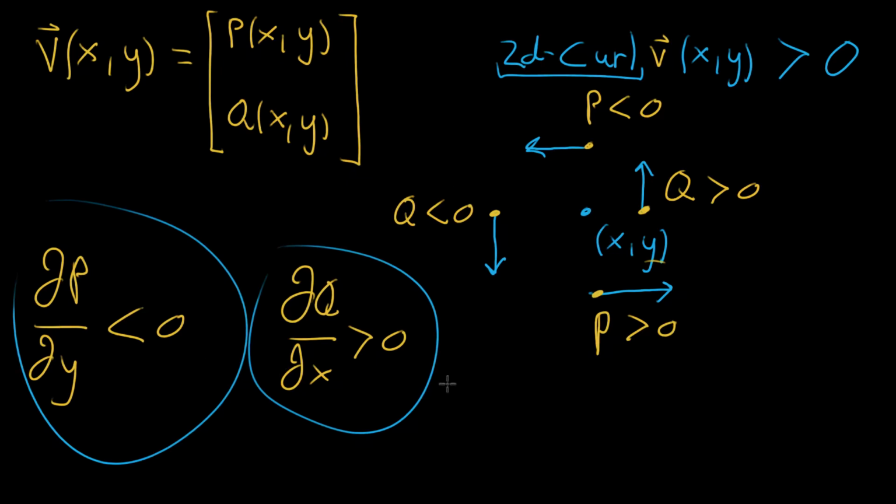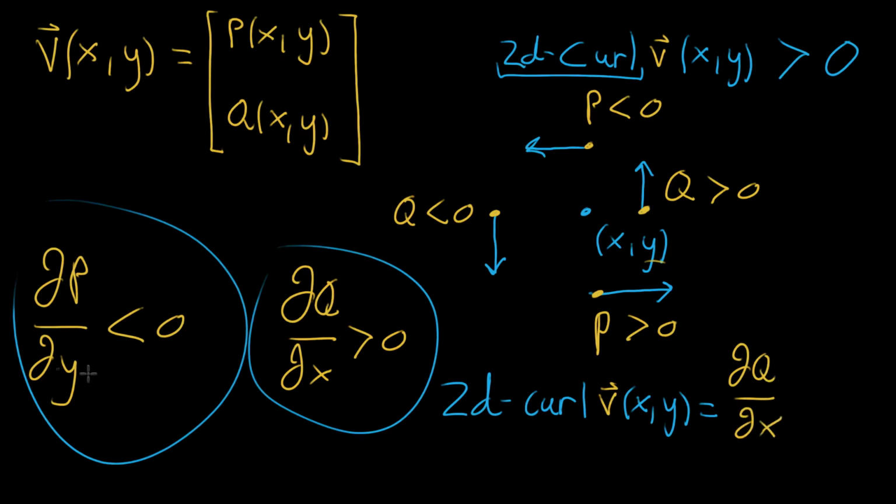We can say as a formula that the 2D curl of our vector field v as a function of x and y is equal to the partial derivative of q with respect to x. And then I'm going to subtract off the partial of p with respect to y, because I want when this is negative for that to correspond with more positive 2D curl. So I'm going to subtract off partial of p with respect to y.